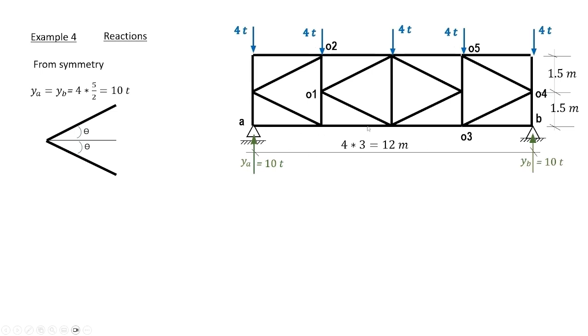The horizontal panels are 4 panels, each of 3 meters. And therefore, tan theta equals 1.5 meters divided by the horizontal panel 3 meters, which equals 0.5. This gives a cosine and a sine of the shown values.